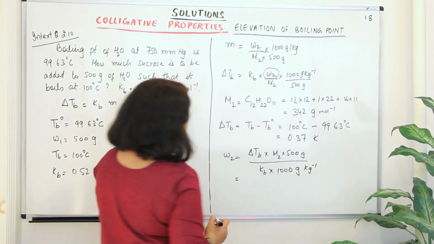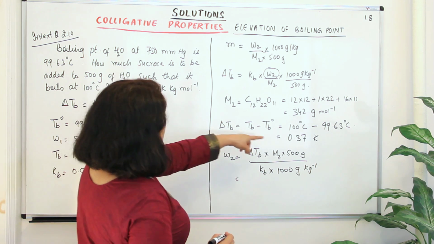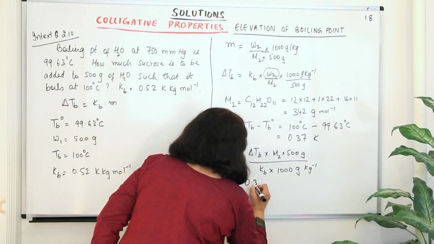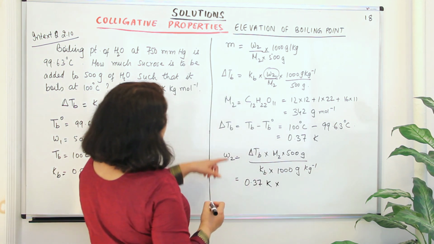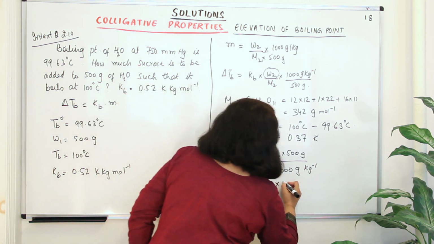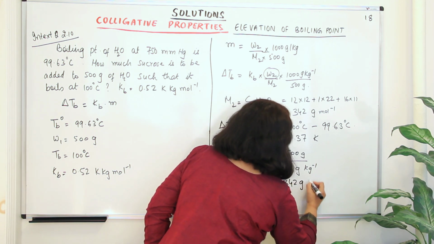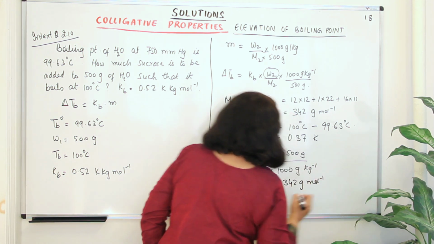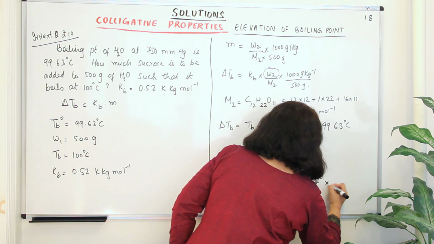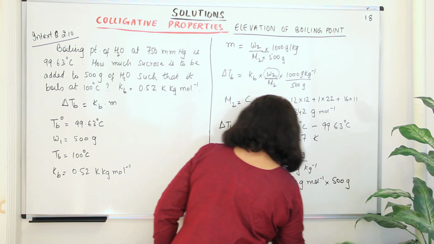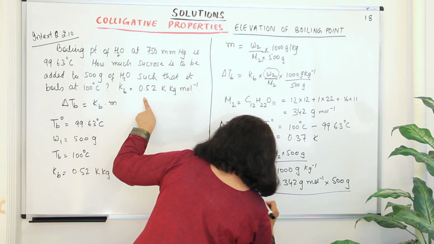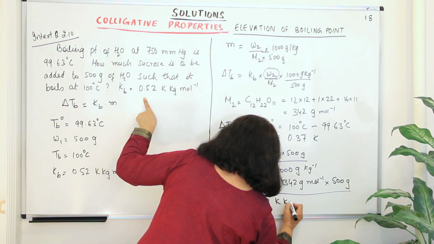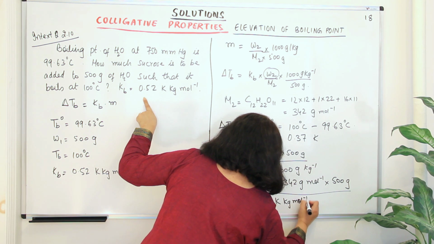Now substitute the values. Delta TB calculated is 0.37 Kelvin, into M2, the molar mass, which was 342 grams per mole, into 500 grams, divided by the value of Kb, which is 0.52 Kelvin kg per mole.